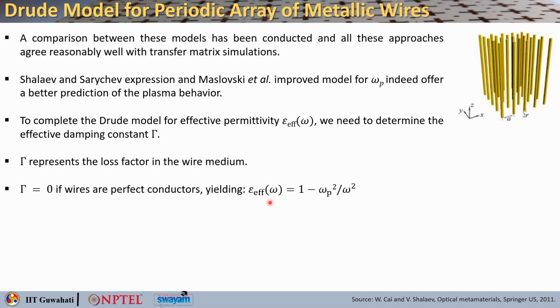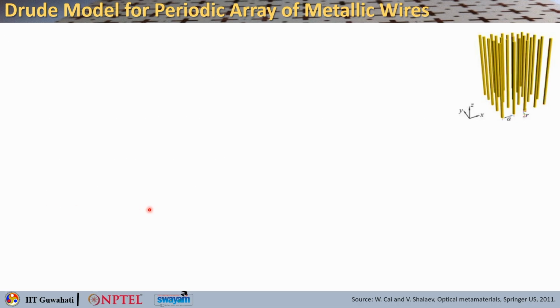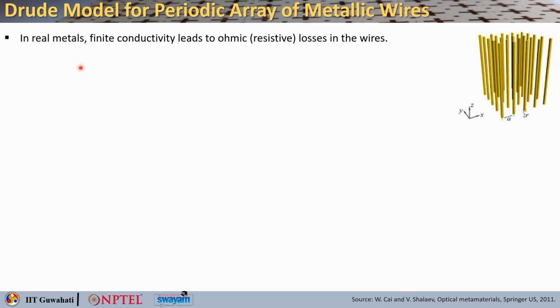So, in that case you can write the effective permittivity epsilon effective of omega to be 1 minus omega p squared by omega squared. So, gamma is basically 0, right. Now, in real metal you do not have gamma equals 0. So, you have a finite conductivity that is giving you some ohmic or resistive kind of losses. So, you have gamma which is non-zero.